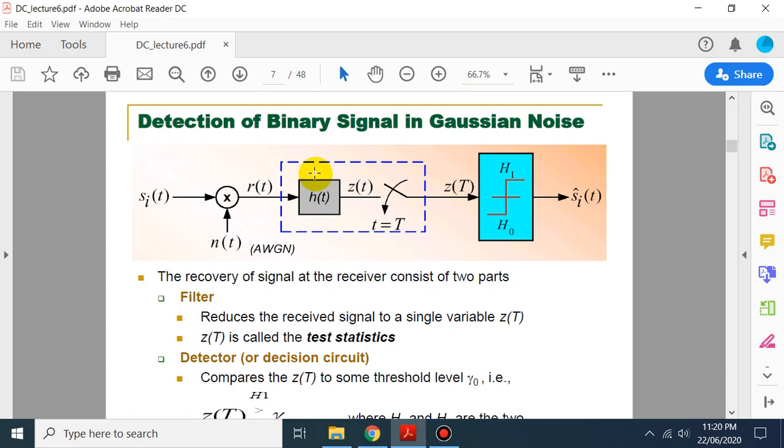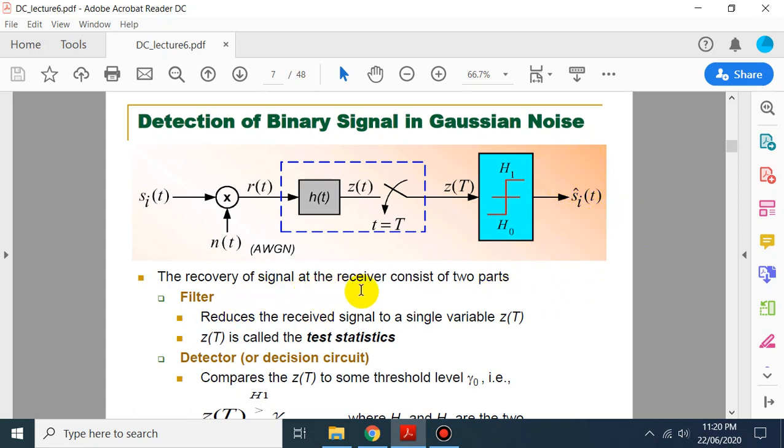That will go through this h(t) creating a z(t) here, and this is the bit symbol duration here, and that z(t) will go through this pulse shaping here, and then we are receiving s(t) again, the transmitted waveform here.